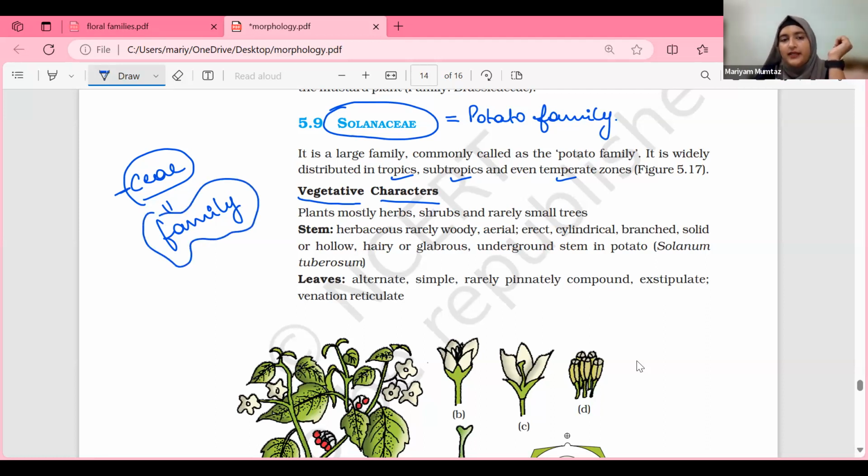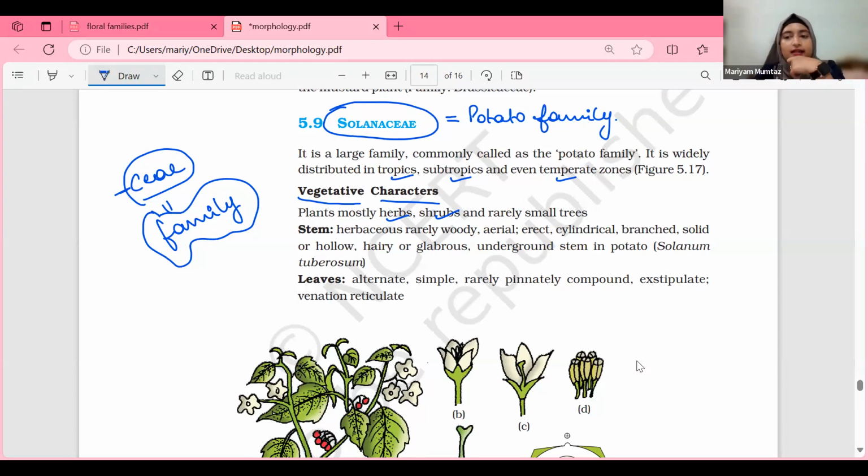So when we are talking about the vegetative characters, the plants of this particular family are mostly herbs, meaning they are short-heighted. Some herbs are found. Then there are some shrubs, and small trees are rarely found, meaning there are no large trees. Do you know where potato grows?